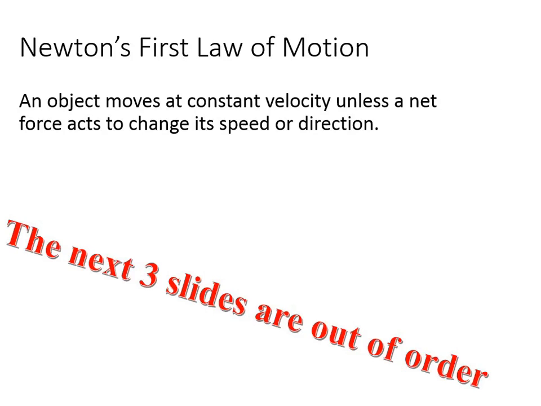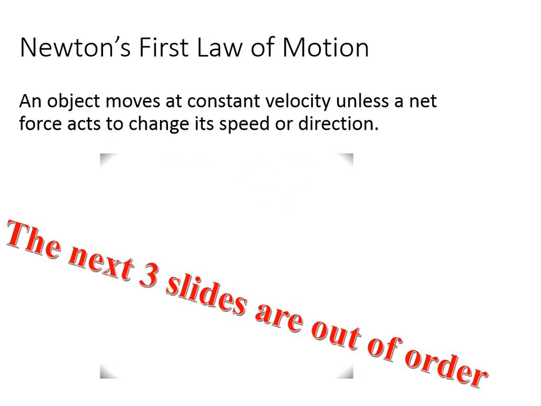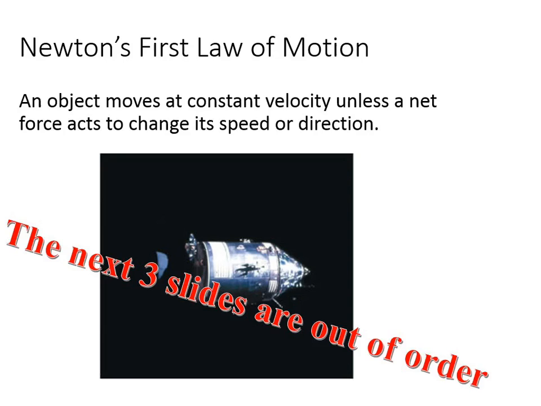Hey, we just talked about changing speed or direction. What do we call that? Acceleration, exactly. So, the example I have, I think it's easier to talk about this law of motion if you go to outer space for a number of reasons. One is in outer space you don't have any air to mess up your experiment.